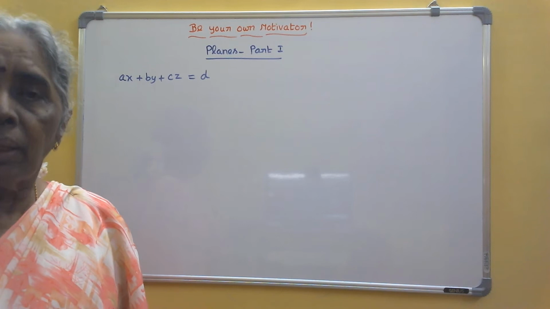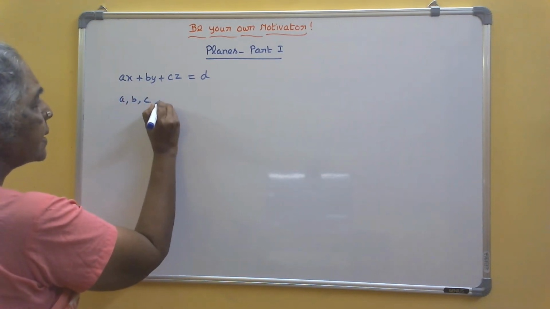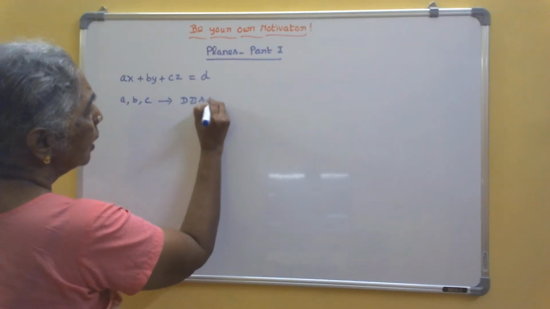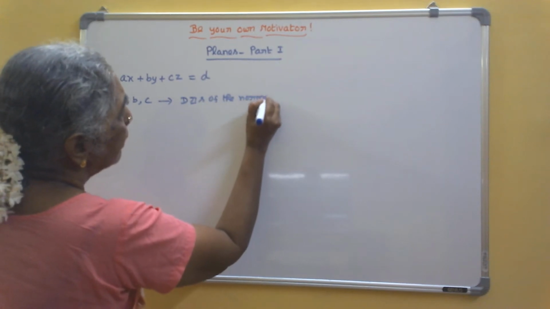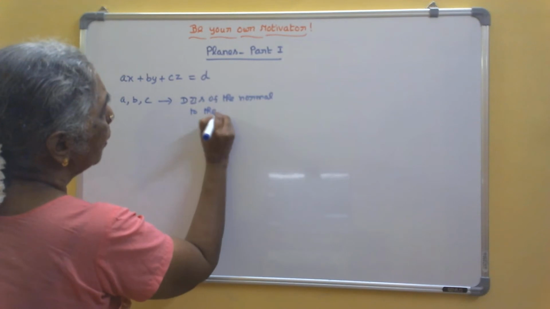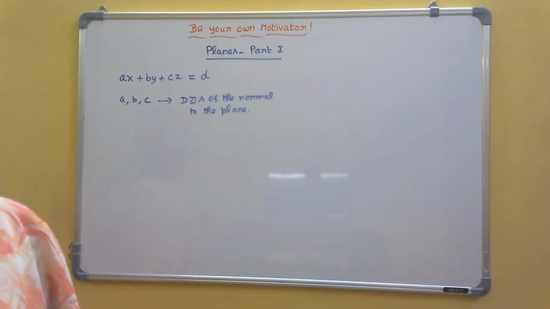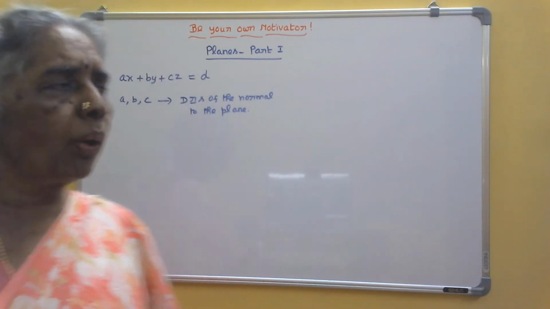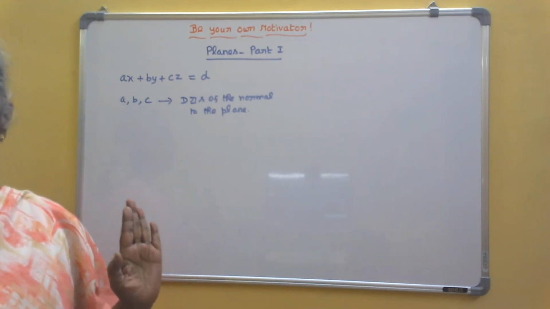Okay? Here, this a, b, c represent the drs of the normal to the plane. Only a line will have drs. A plane will not have drs. So the normal will have the drs a comma b comma c.